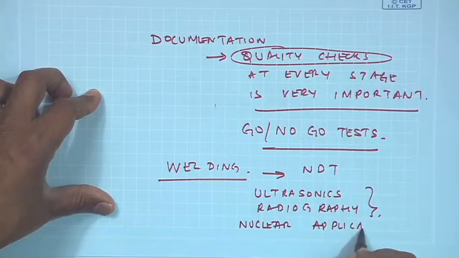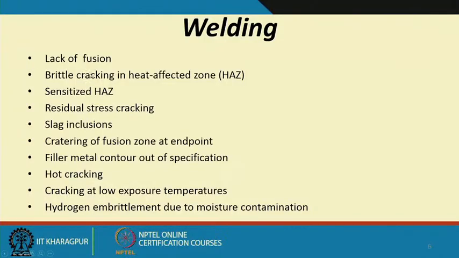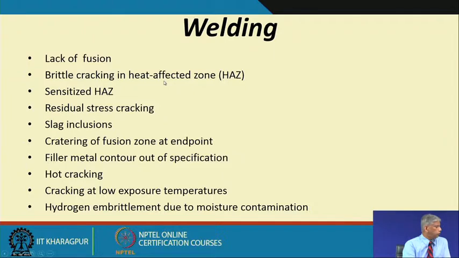The checks are very stringent, because improper welding will lead to all these problems: lack of fusion, brittle crack in heat affected zone, sensitized heat affected zone, residual stress cracking, slag inclusions, cratering of fusion zone at end point, filler metal contour out of specification, hot cracking, cracking at low exposure temperatures, hydrogen embrittlement due to moisture contamination.